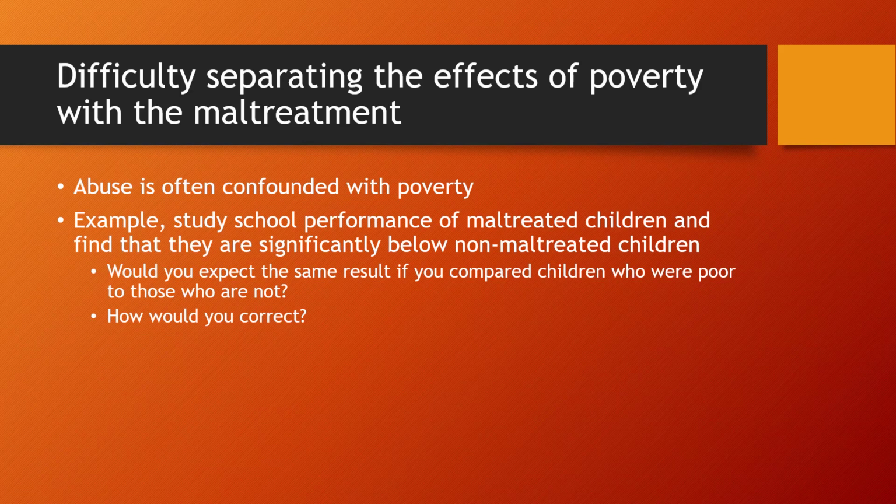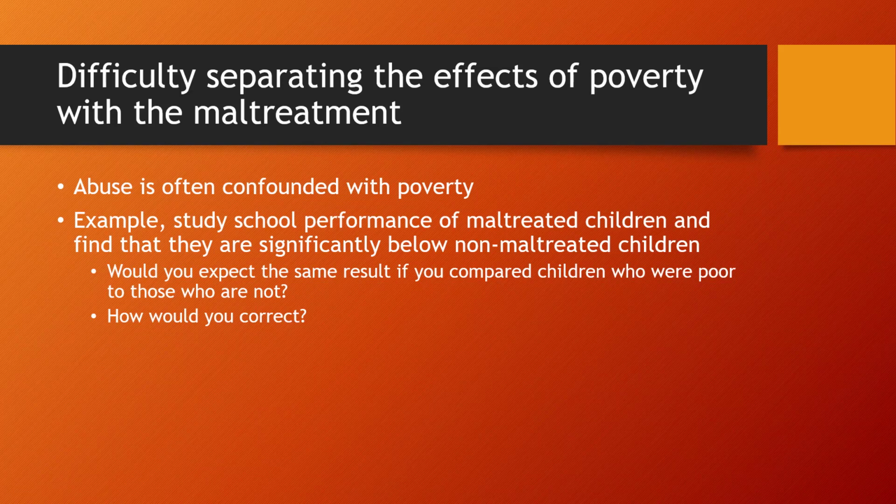You'll see this in some of the articles where they measured socioeconomic status and didn't have comparison groups, especially in longitudinal studies. They try to control for it statistically by taking out the effects of poverty first and then looking at maltreatment. And that's one of the things that you're going to see.